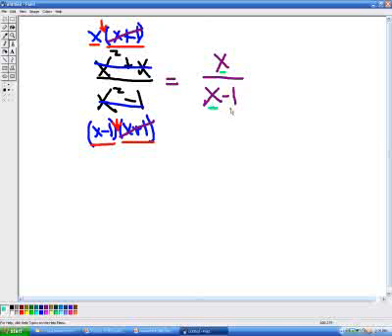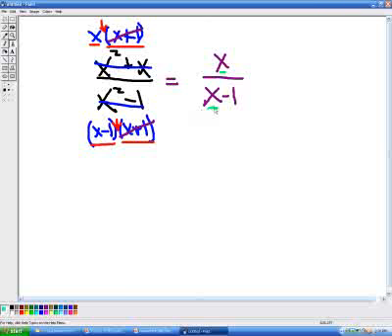Remember, factors are only for multiplication. Subtraction does not have factors. So this x is not a factor, therefore this x cannot be canceled. If the whole quantity is a factor, then you cancel the whole quantity, but part of a quantity cannot be canceled.